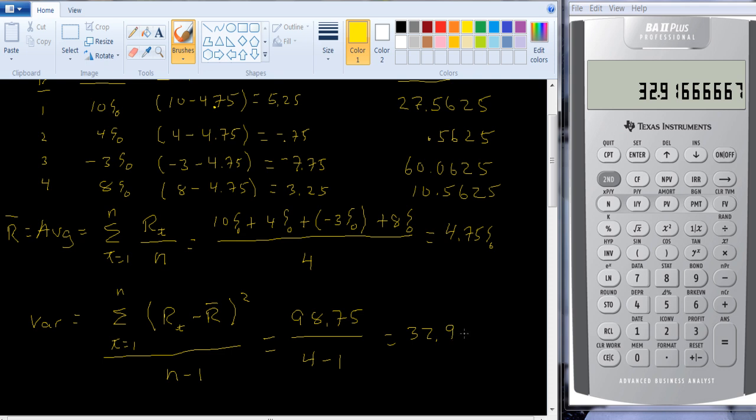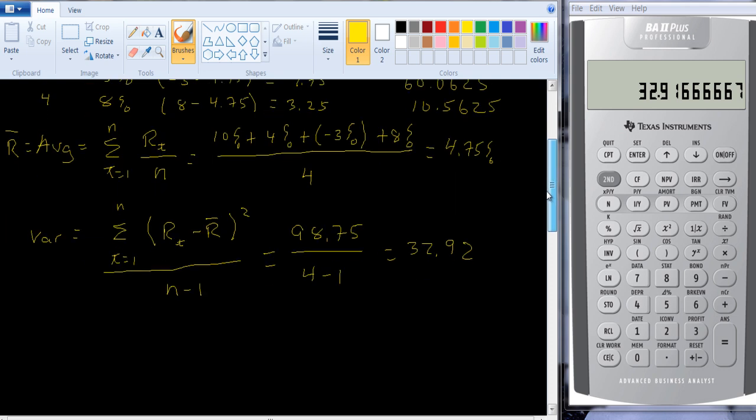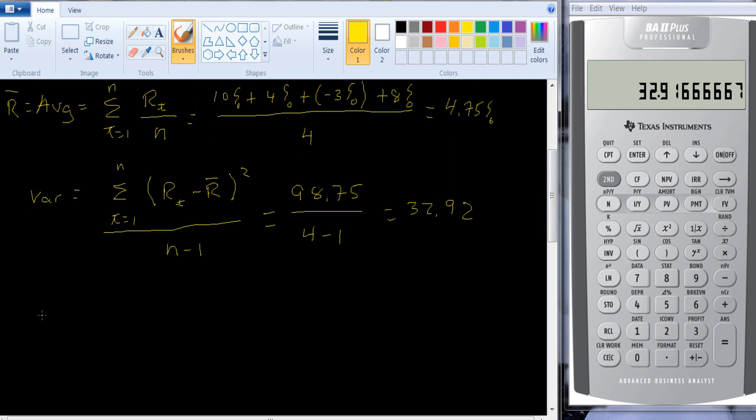Let's just round it off to 32.92. The standard deviation is just going to be the square root of the variance. So it's going to be the square root of 32.92.